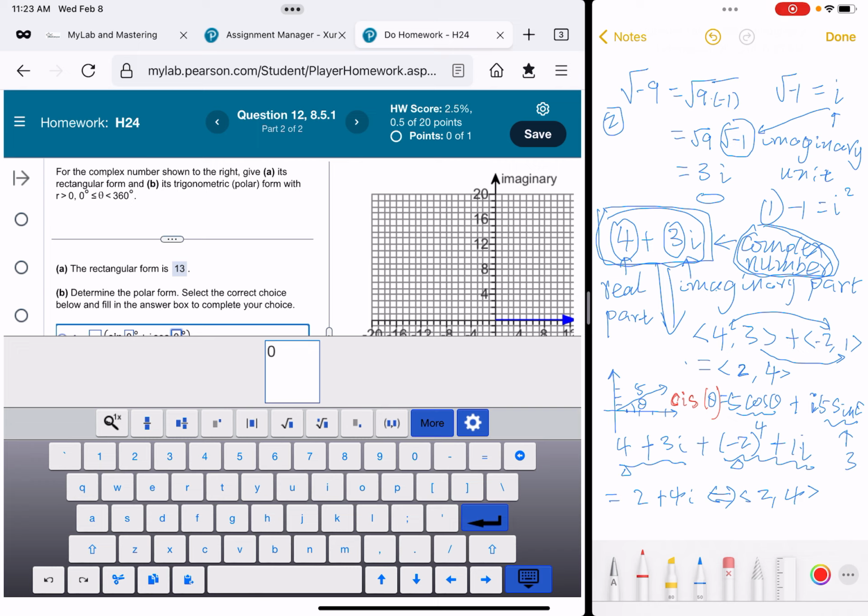You hit enter. Sometimes it does not respond. Let's see. Hit enter here or hit enter here.